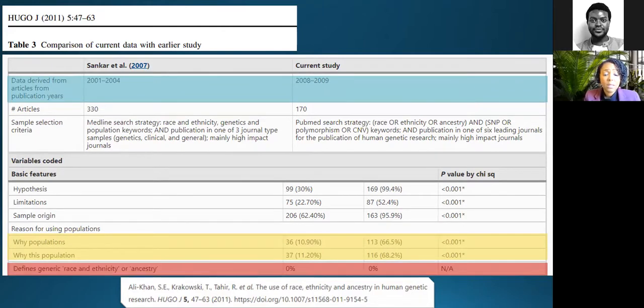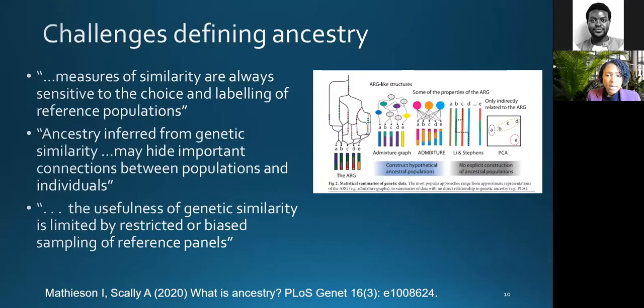They found there was no change over time, and you can see this highlighted in red in terms of articles defining the terms race, ethnicity, and ancestry in the context of their study. In the 2020 paper, the authors explain that when geneticists, and they also talk about consumer genomics, when consumer genomics companies talk about ancestry, they are really talking about genetic similarity between populations and individuals.